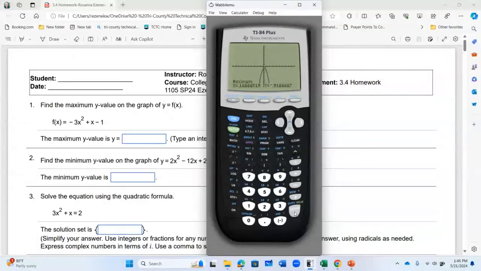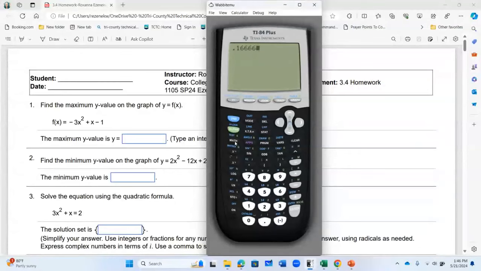And if you're told to leave this answer in exact form, what you do is put this number and change it to a fraction. For example, this is what I'm going to do now. If I want to change the x coordinate to a fraction, I'm just going to go to the main screen and type 0.16666 and so on.